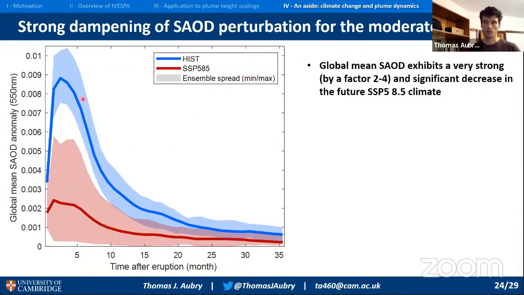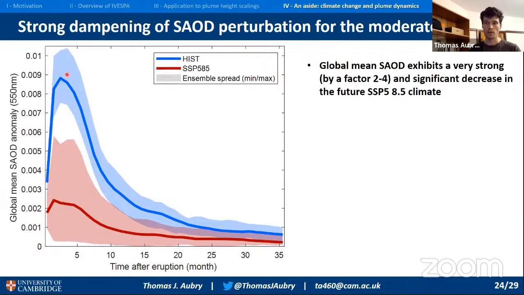That's the corresponding evolution of the stratospheric aerosol optical depth following the eruption. The stratospheric aerosol optical depth is how much volcanic aerosol blocks sunlight following the eruption, and that's directly related to how much energy is removed from the climate system by the eruption and how much volcanic cooling you get at the surface after the eruption.